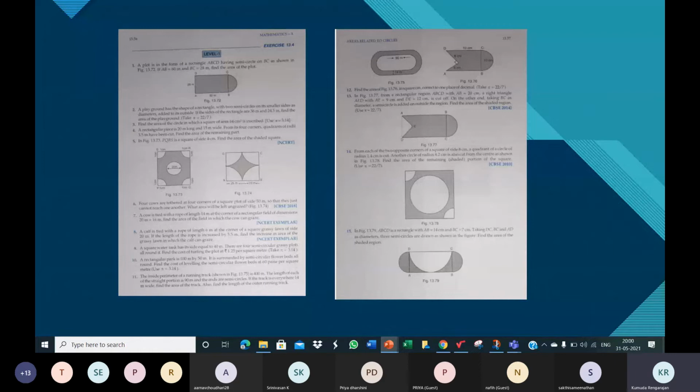Now distance here represents the length of the rope. What is the length of the rope moved in one revolution? 2 pi r. Yes. 2 into 22 by 7 into 77 by 2, which works to 242.